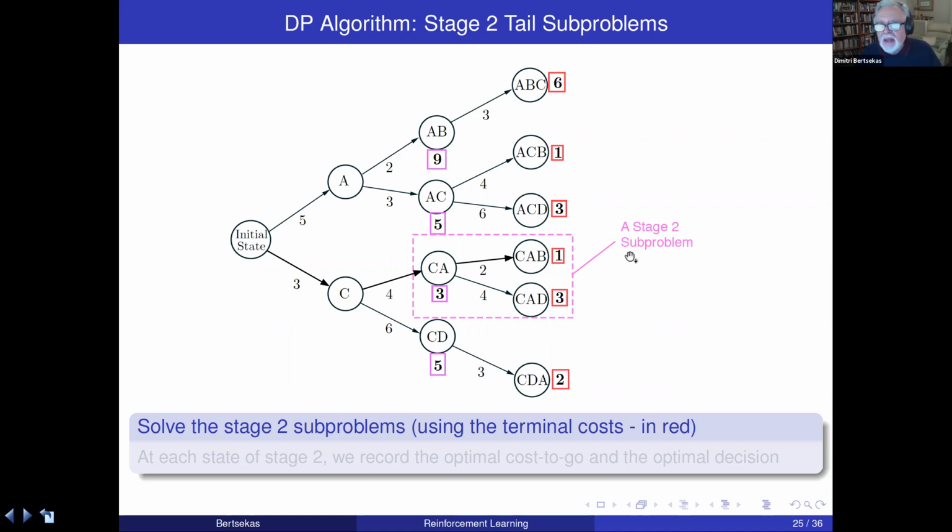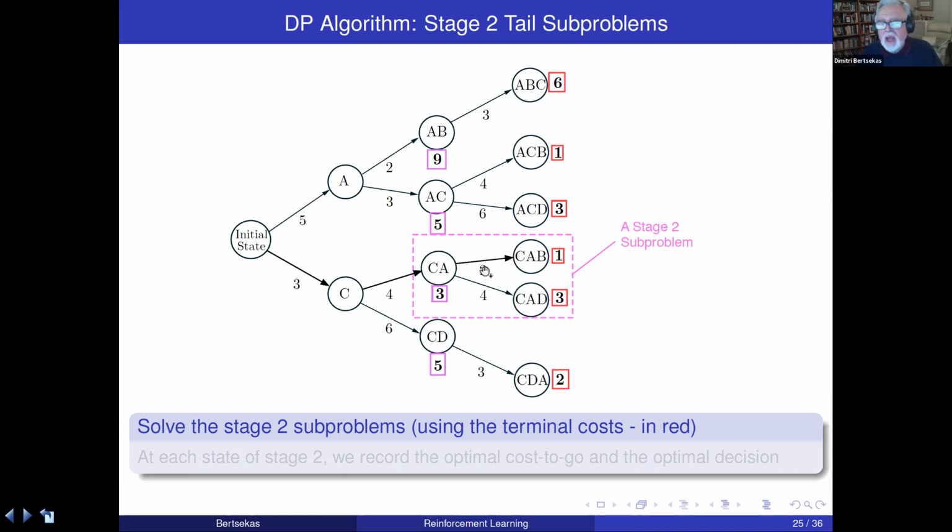Now we look at a stage 2 tail subproblem, and this is an example of one. We will look at the stage subproblem that starts at this partial schedule. And we would look at the two possible scheduling decisions, B and D, and then add up the cost of the tail subproblem starting from this next state.